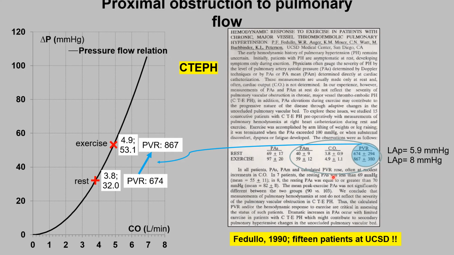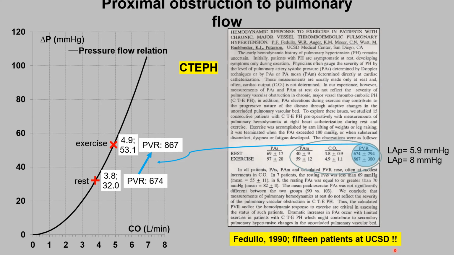Now, after that, I went to see whether in chronic thromboembolic pulmonary hypertension, anybody has exercised the patient. Good enough, indeed, in 1990, by Peter Fedullo, he is at UCSD, which means University of California, San Diego. As I said before, they are the cutting edge in the field.